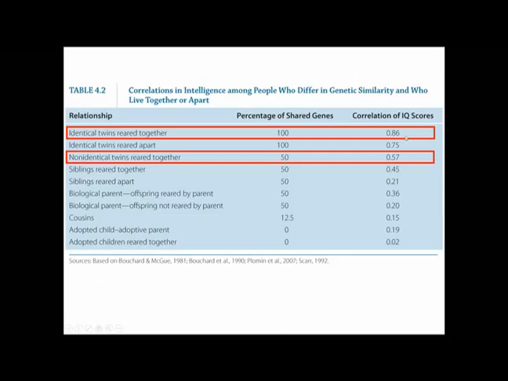So the differences that we see between their correlations is going to be due to that genetic component, due to how much of their genome they share. And again, we see that the non-identical twins, the twins that share less of their genes, are less similar than the identical twins that share more of their genes. Again, following our logical conclusion here.